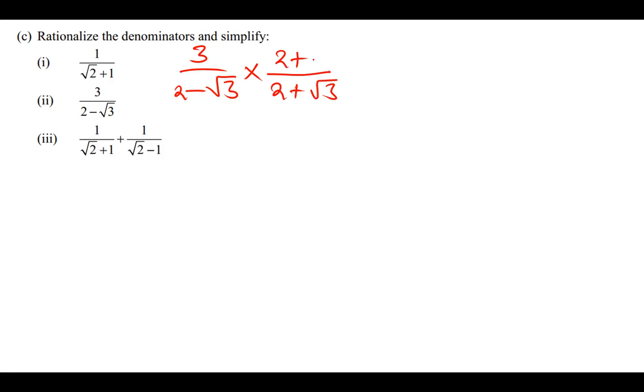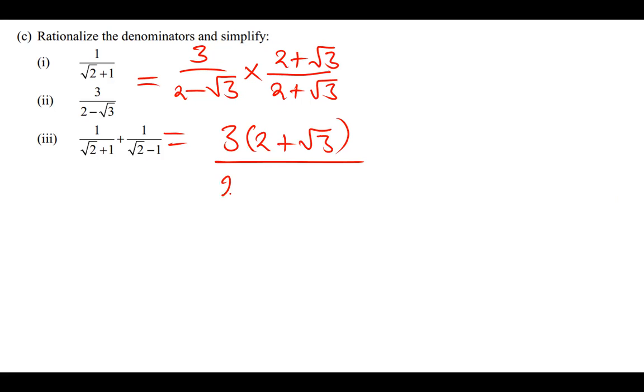Even this side you have 2 plus the root of 3. So 3 times what is this side? It's just the same as writing 3 times 2 plus the root of 3. Then everything divided by 2 minus root 3, and then you also have 2 plus root 3.